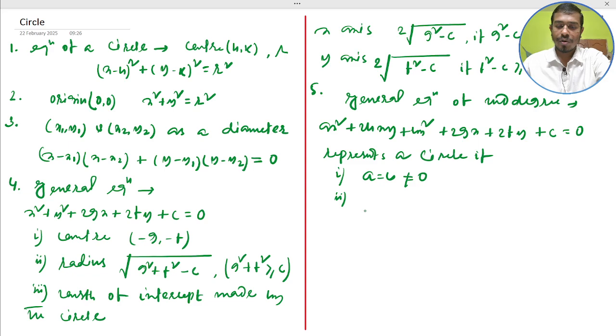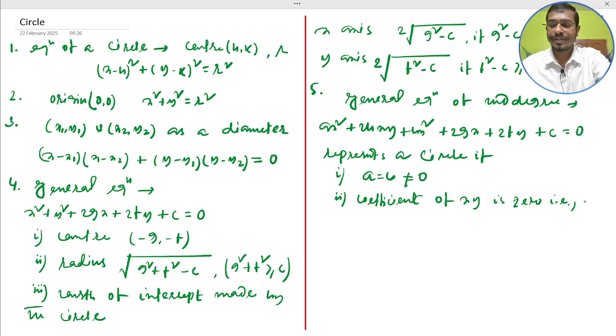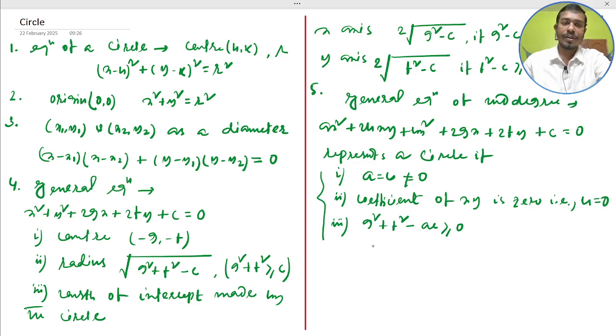Number 2, coefficient of xy is 0, that is h is equal to 0. And number 3, g square plus f square minus ac is greater than or equal to 0. These are the 3 conditions for a general equation of second degree to represent a circle.